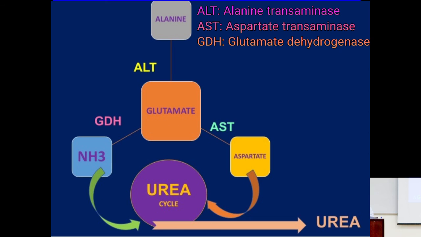Nothing else can enter the urea cycle besides these two. Okay? So that's kind of the summary. You use 3 ATPs, and here's the source. The ammonia source is glutamate dehydrogenase. Aspartate source is most likely from the AST reaction coming from glutamate.